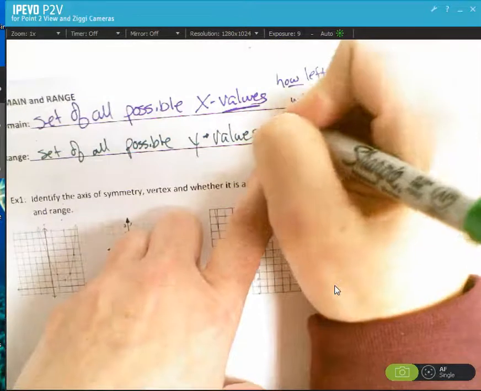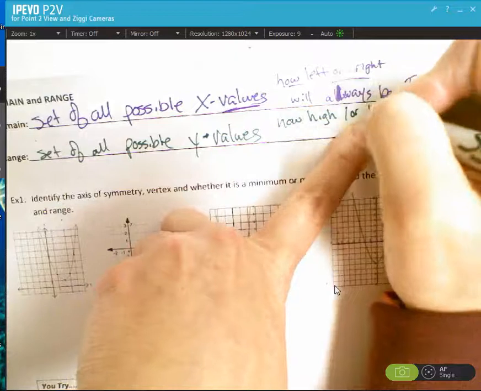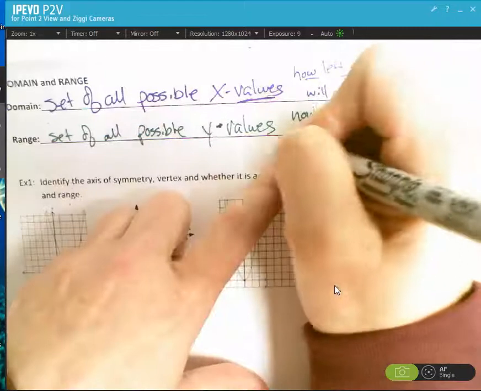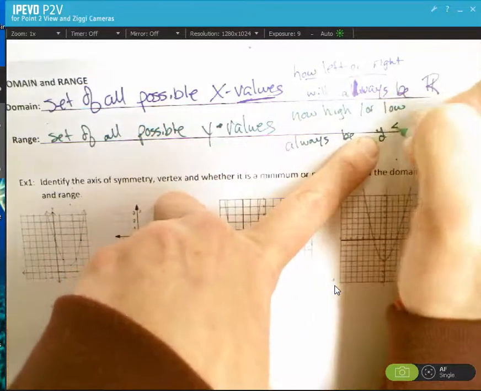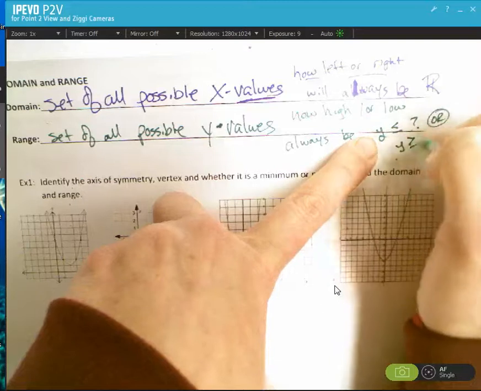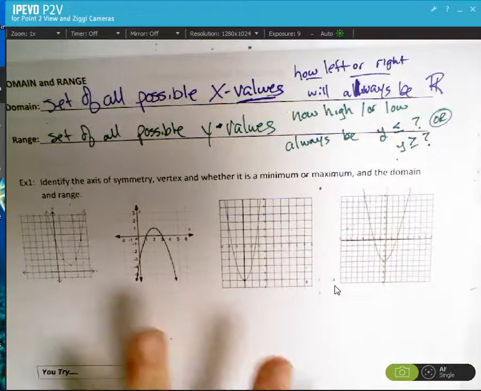It's how high or low the graph will go. So depending on whether it's opening up or down, it will always be y is less than or equal to something, or y is greater than or equal to something, depending on which direction your parabola is opening.